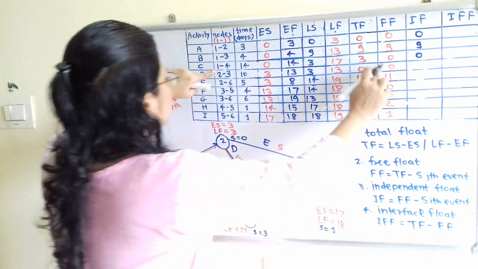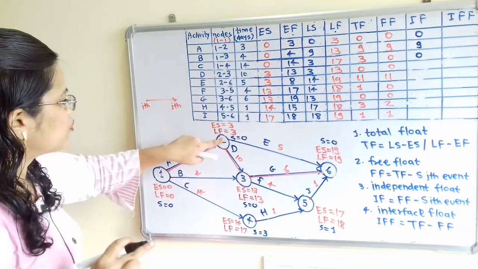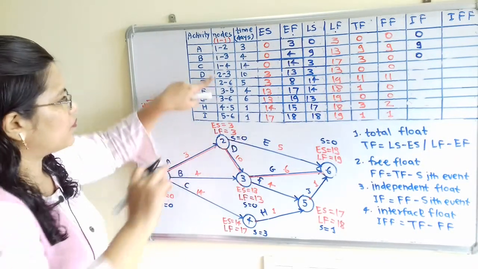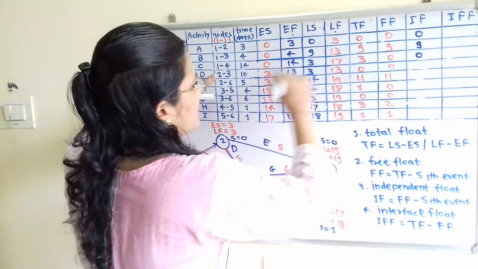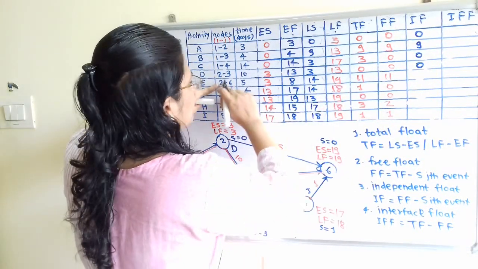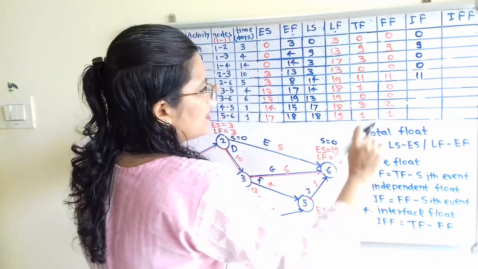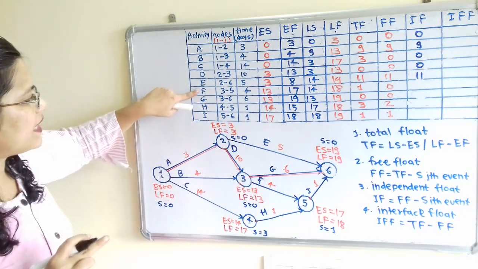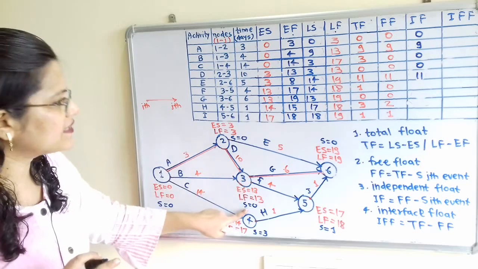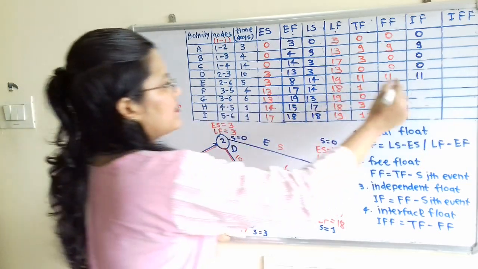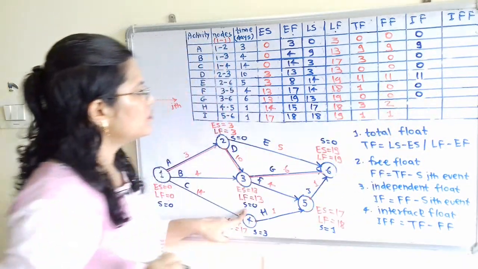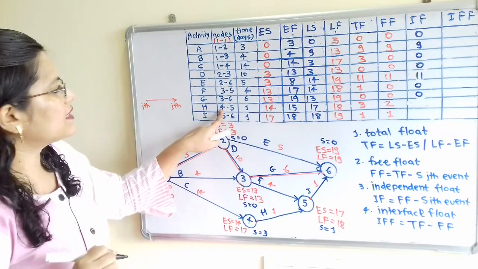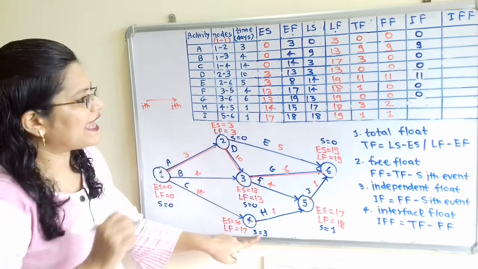Then next one, the ith event is 2. So at 2 slack is 0. So here 0 minus 0, 0. 11 minus 0, 11. Then next one is 3 and 3. For the next activities F and G, slack is 0. So 0 minus 0, 0 and here it is also 0. Now the next ith event is 4. So at 4 slack is 3.